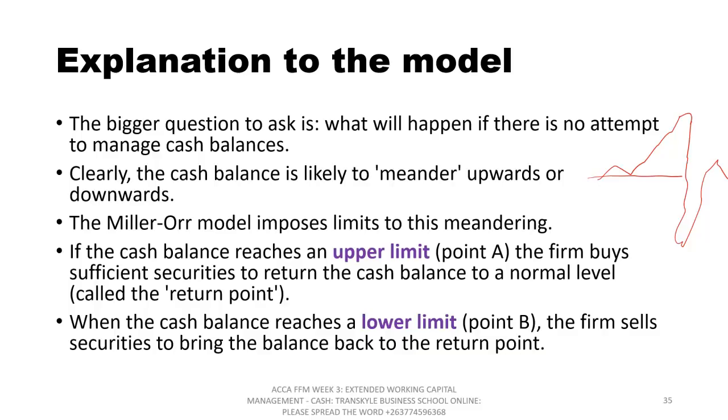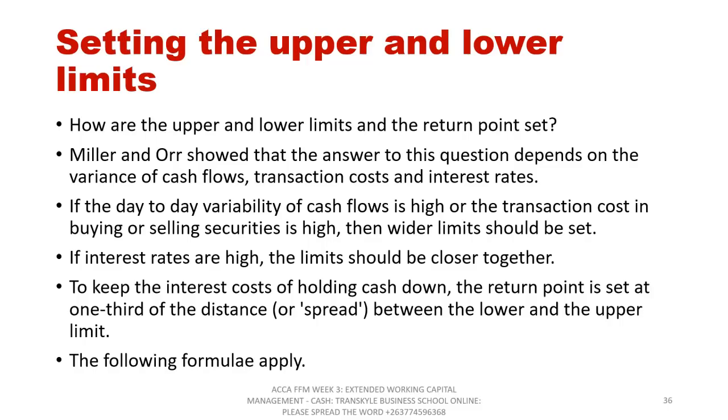If the cash balance reaches an upper limit, point A, the firm buys sufficient securities to bring the cash balance back to a normal level called the return point. When the cash balance reaches a lower limit, point B, the firm sells securities to bring the balance back to the return point. That's the idea.